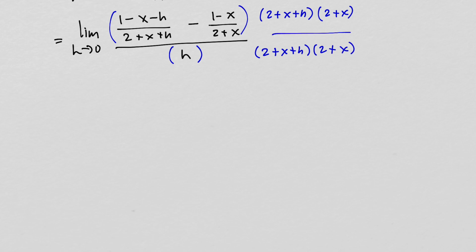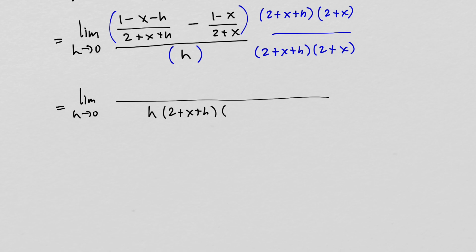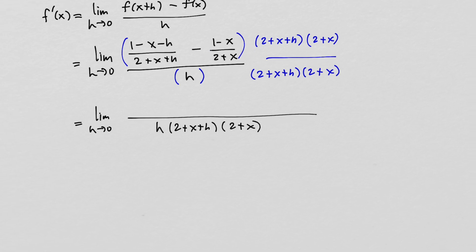Now, in the denominator, remember, we don't do anything. We are just going to write down what we have. So we have h, 2 plus x plus h, and 2 plus x. All the action, so to speak, is in the numerator.